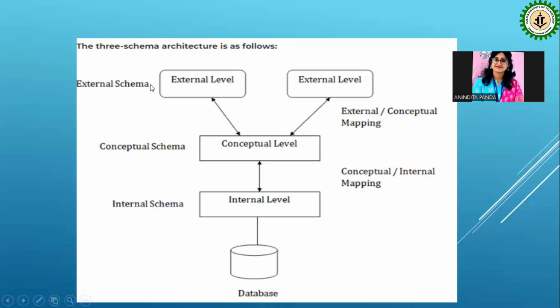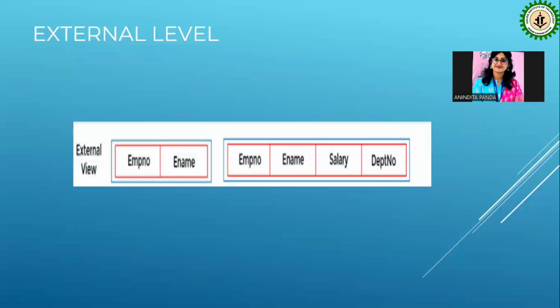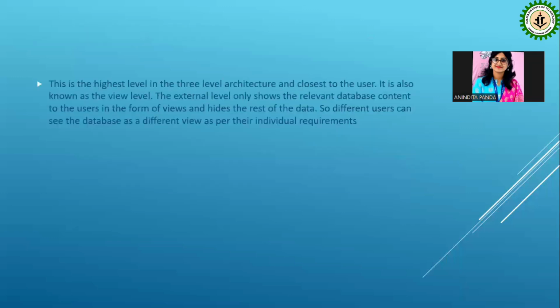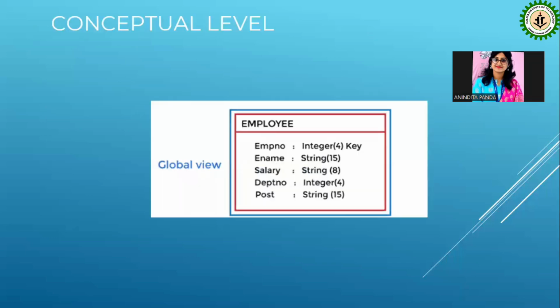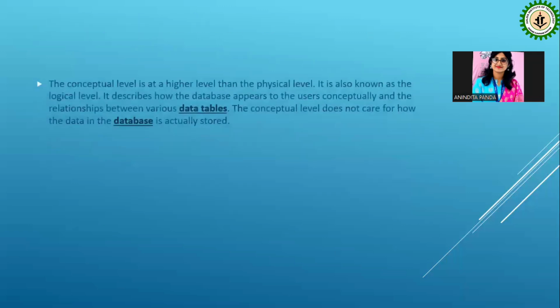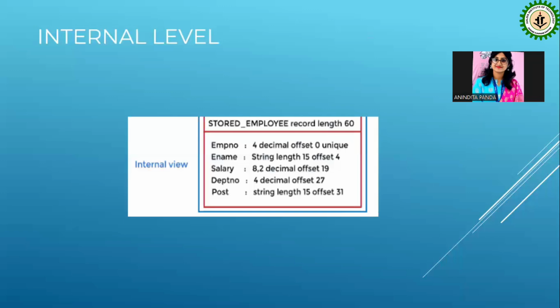So here the three levels, external level, conceptual level, and the last one, internal level, we complete. This is the external view, and this is the global view of the conceptual level. From the conceptual level we can get the ER diagram, basically the blueprint. Next, the internal level, this is the internal view.